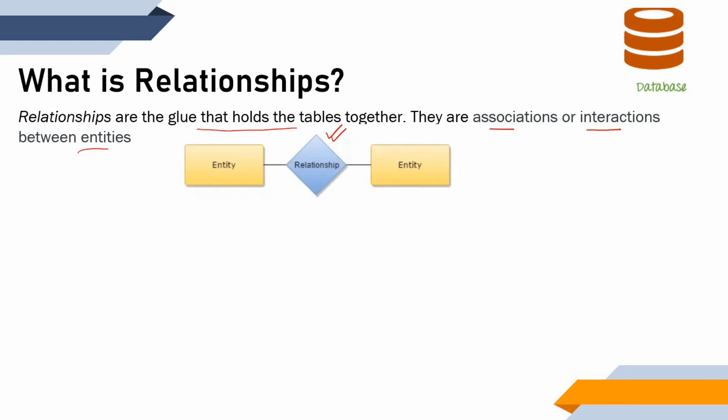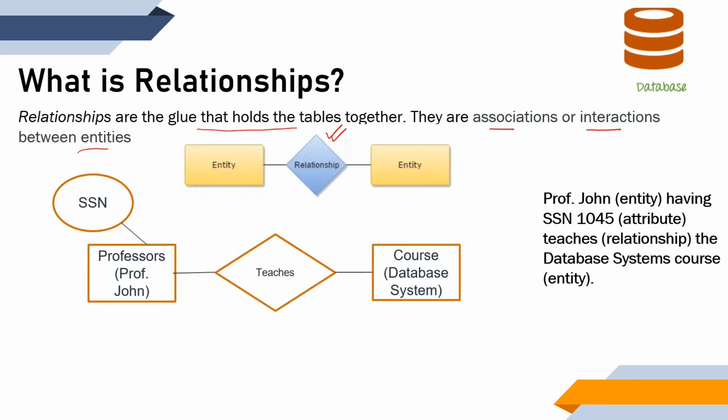Like Professor John is a professor entity having SSN. It is an attribute. He teaches is the name of the relationship, the database system course. That is also another entity. So Professor John is an entity, database system course is another entity, and the relationship is teaches, and SSN is the attribute. Understood?